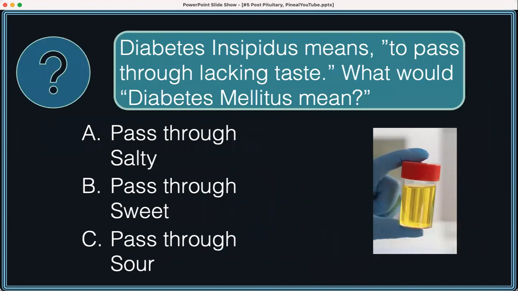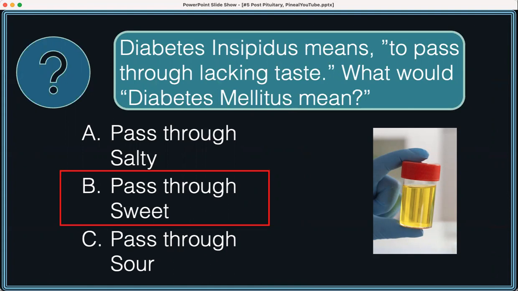So diabetes insipidus means to pass through, lacking taste. What would diabetes mellitus mean? The answer is passing through. And when it says pass through, it's passing through the kidneys into the urine.